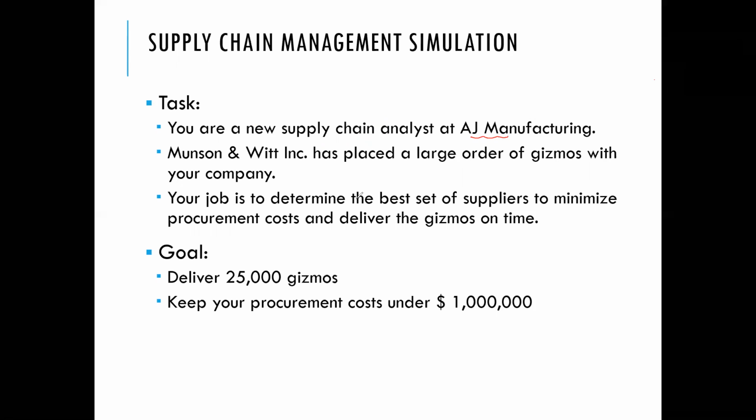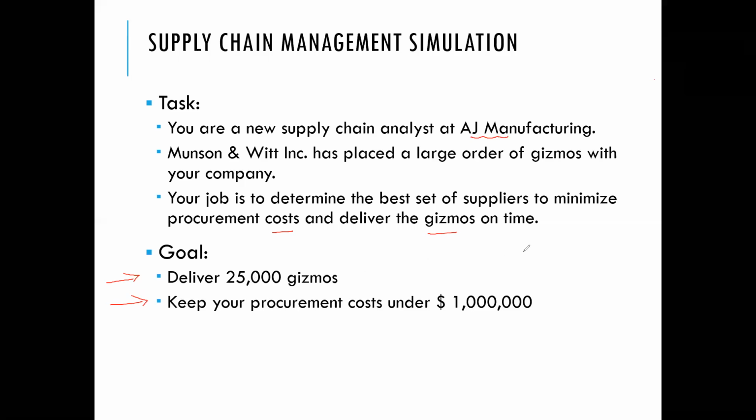Your job is to find out the best set of suppliers to minimize your costs and deliver the gizmos on time. So in other words, your goal has two components. You have to deliver 25,000 complete gizmos on time, and you have to keep your costs under $1 million.